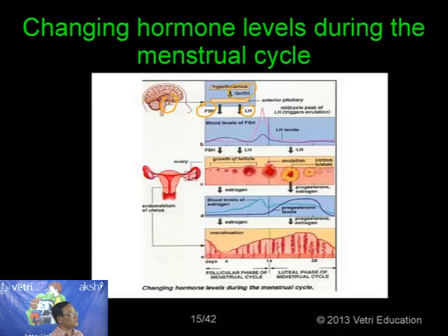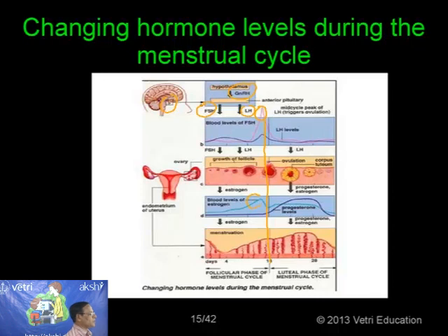Gonadotropin releasing factor, released by the hypothalamus, stimulates the anterior pituitary to secrete the hormones FSH and LH. See the LH level reaching the peak at the midpoint, the 14th day. This is FSH and this is LH. The LH surges, reaches a maximum level, and is responsible for ovulation. And at the same time, you see the two hormones, the same one.